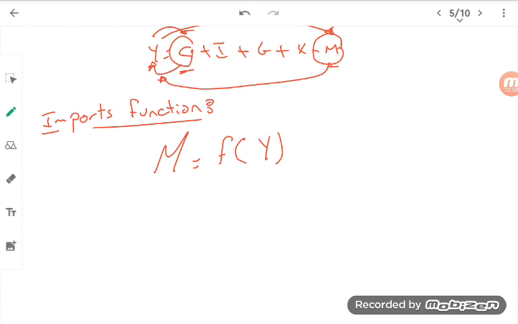You are going to spend based on real GDP, not disposable income.